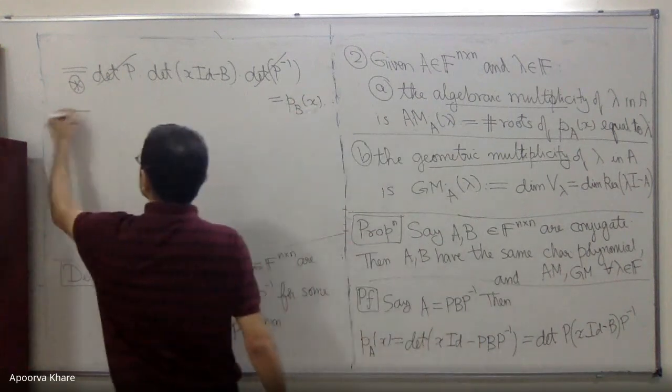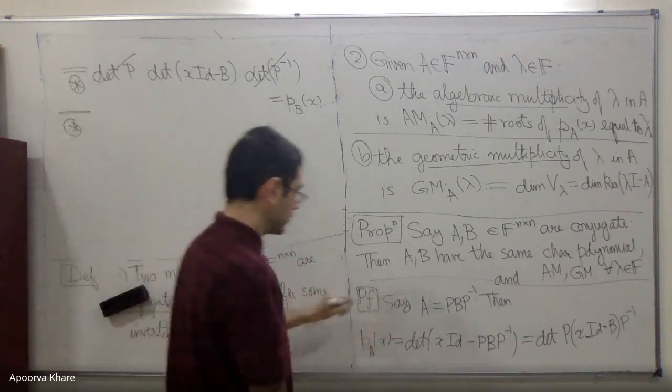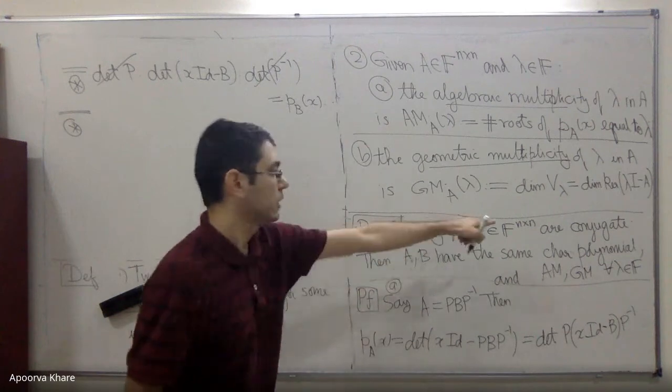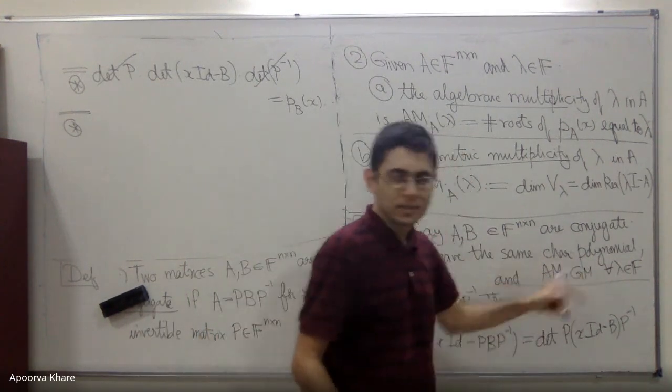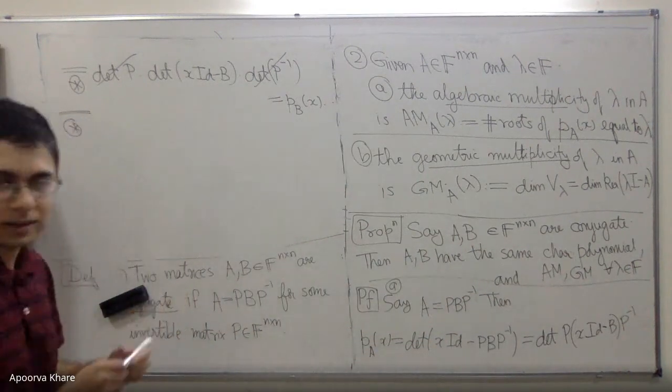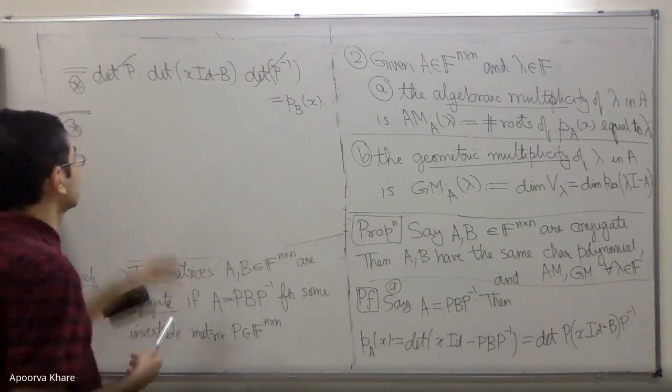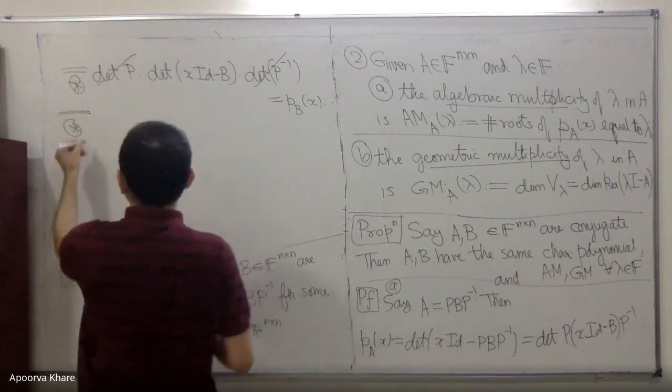Now to justify the star, let's first break this up into three parts: A for the characteristic polynomial, B for the algebraic multiplicities, and C, the most non-trivial, which we will get to later, for the geometric multiplicity. But now let us justify the star.